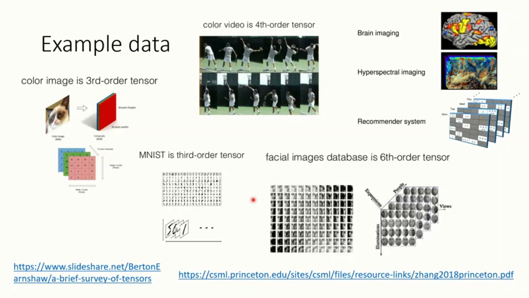So this is like a third order tensor. There are many, many others, okay? Video: you have color, and you have frames at different time points. So this is a 4D.